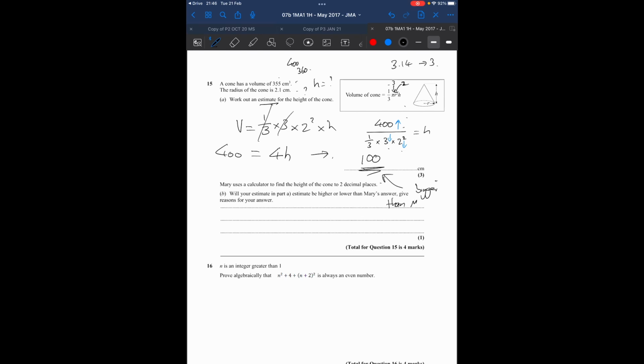It's bigger than Mary's answer. So it's higher because the numerator was rounded up and the denominator was all rounded down. Okay, and that would be enough.